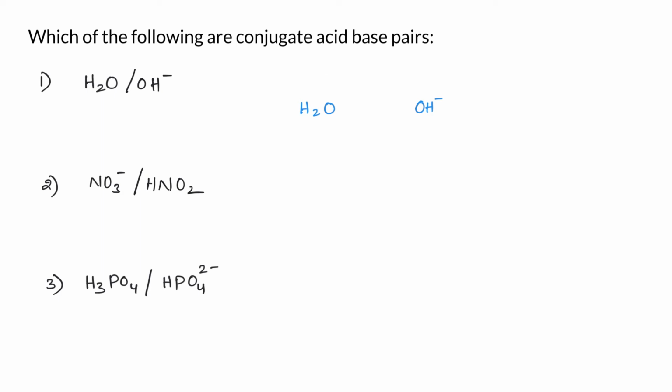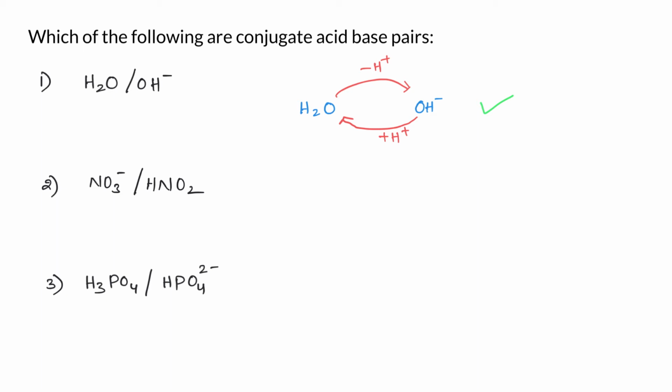Meaning, if we take H2O and remove a proton, we get OH minus ion, and if we take OH minus ion and add a proton to it, we get H2O. Therefore, we can say that H2O and OH minus ion are conjugate acid-base pairs.